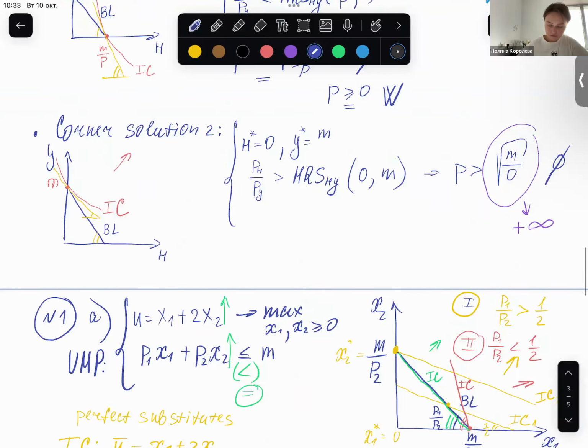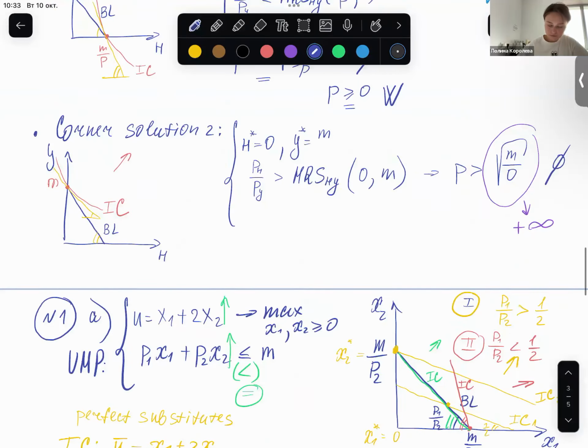So here, 2 minus p2 over p1, x2 plus m over p1, and we will maximize it by choosing only x2, but it belongs to the interval between 0 and m over p2.